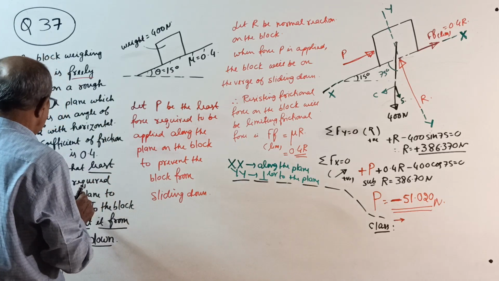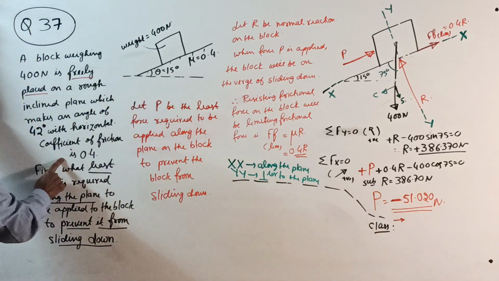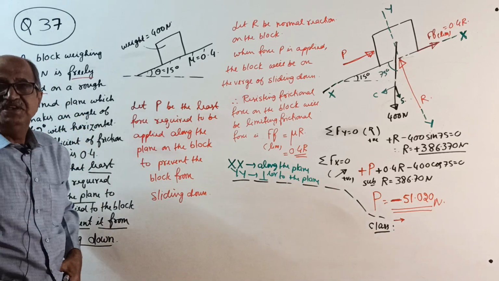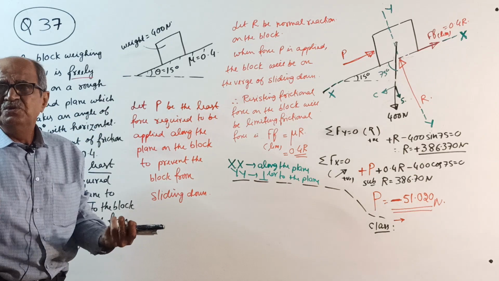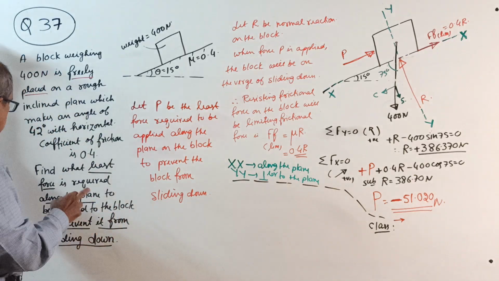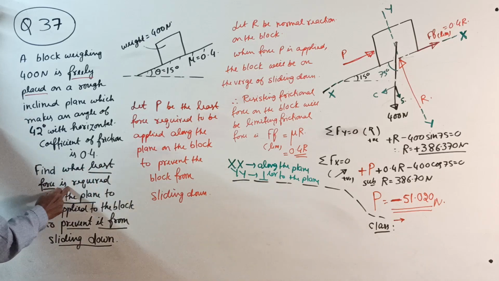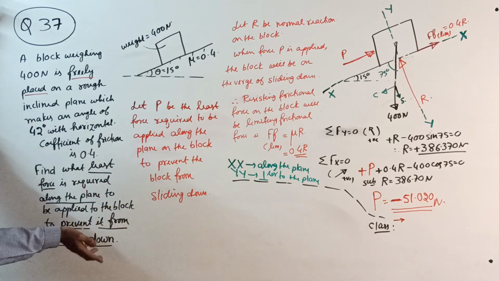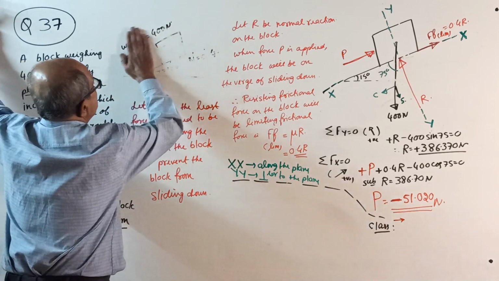Same question, friction coefficient is once again 0.4. I am not changing it, you solve it as an independent question. Then find what least force is required along the plane to be applied for the block to prevent it from sliding down.